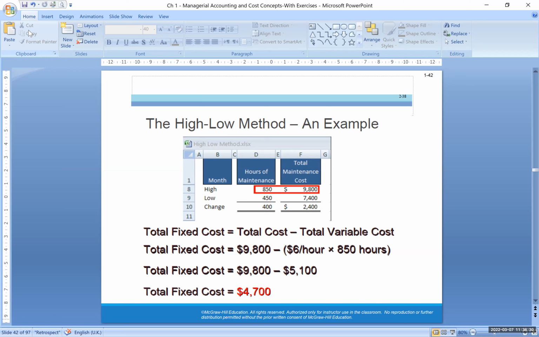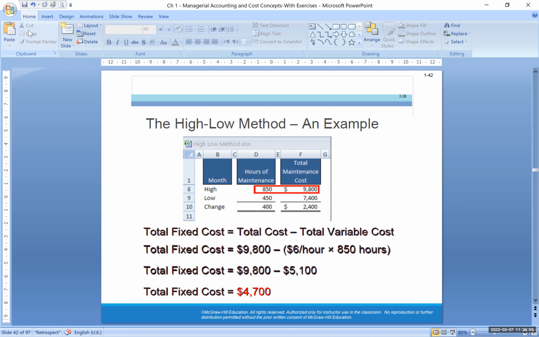Now, if you calculate the variable cost, this equals 6 multiplied by 450, which equals 2,700. So the fixed cost in this case will be 7,400 minus 2,700. This equals 4,700.